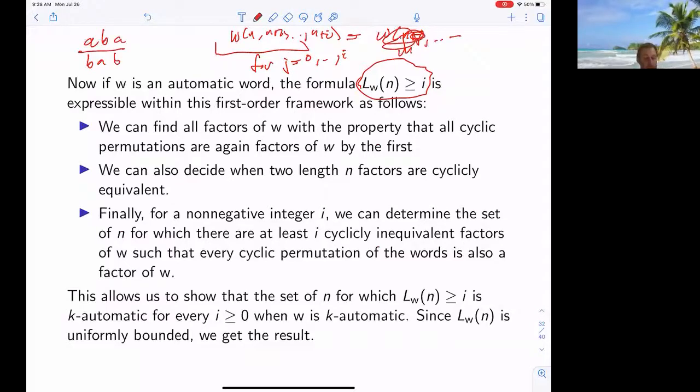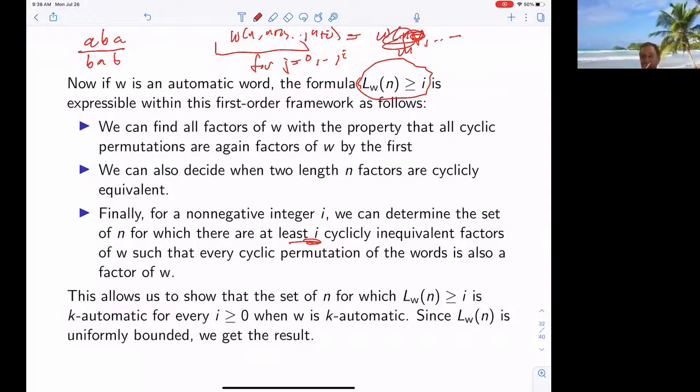So we can decide when 2 length n factors are cyclically equivalent. And so we can determine whether there are at least i cyclically inequivalent factors for which every cyclic permutation is a factor. So at least i is saying there exist factors 1, 2, up to i, such that everything in the cyclic class is a factor.